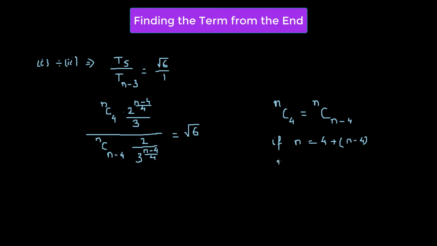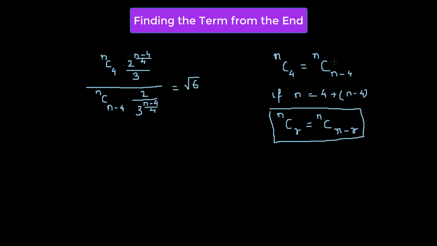That means if we have nCr, then this must be equal to nC n minus r. So this is the property. So this cancels out the first coefficient, which is nC4 and nC n minus 4.